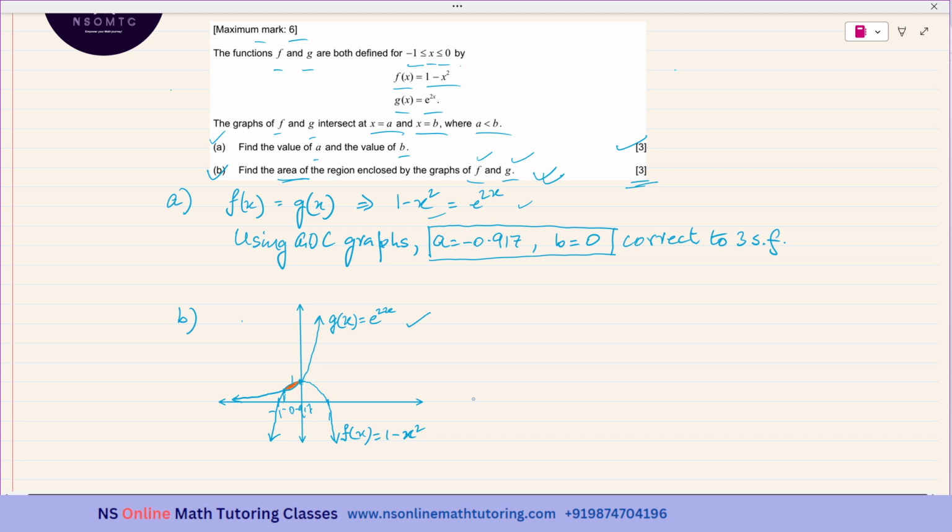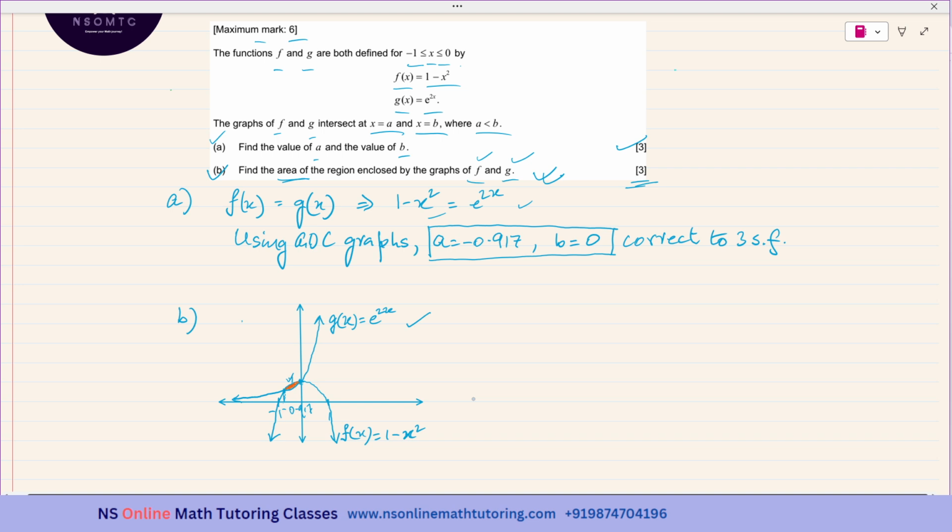So the limits of integration will be these 2 points E and B, and over here we are seeing that the f of x graph is over the g of x graph. This is important because for the area, we have to decide whether we will be writing f of x minus g of x or g of x minus f of x.